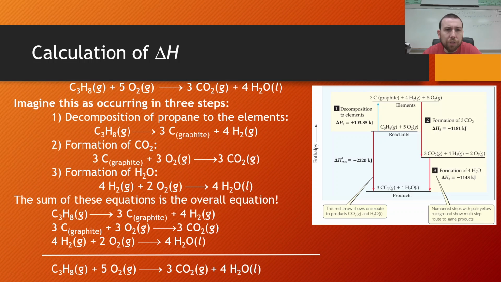What you can do is you've got the decomposition of the propane. So this particular one, that one's good. You've got the formation of carbon dioxide, and then you've got the formation of water. You add those three steps together. Notice how your carbons cancel out.